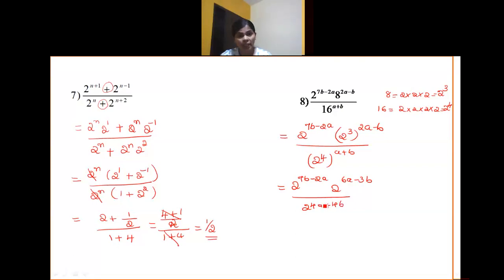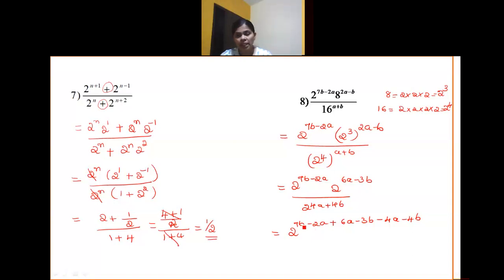Now in the numerator as well as in the denominator we have the common base, that is 2. So let me write the common base 2 only once, whereas the numerator powers will be addition, means we have to keep the same signs, whereas the denominator terms powers will change their signs. So we get minus 4a and minus 4b.